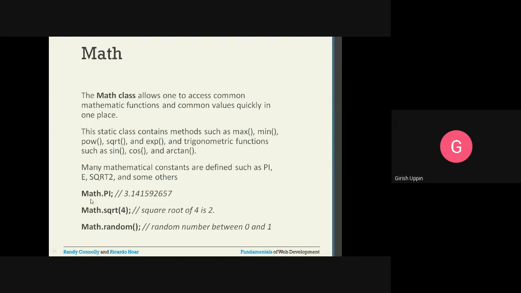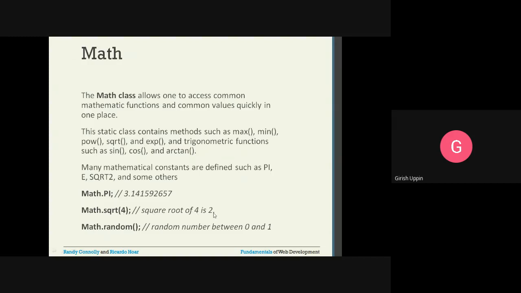For example, to access those constants, you can say Math.PI. This is nothing but the constant value 3.141592657.